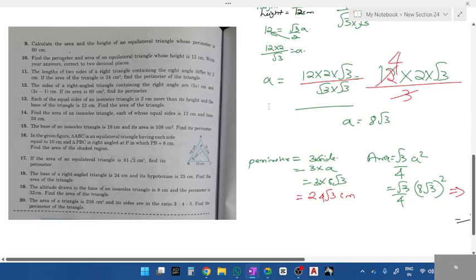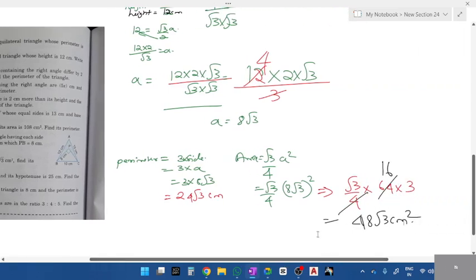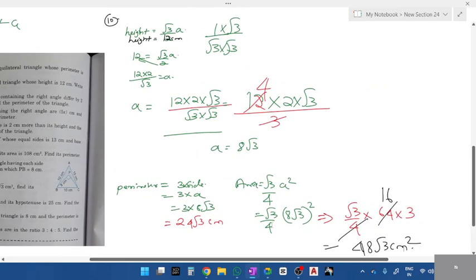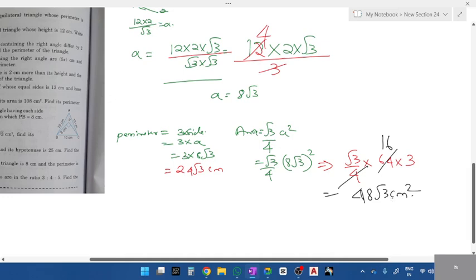10th question. The lengths of two sides of a triangle are different. Okay, what's the answer? 83 point... oh, you have to convert it, right? What is perimeter? 24 into root 3, students.